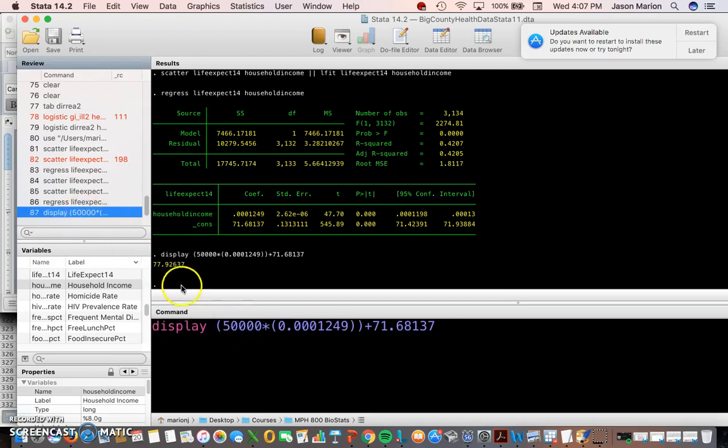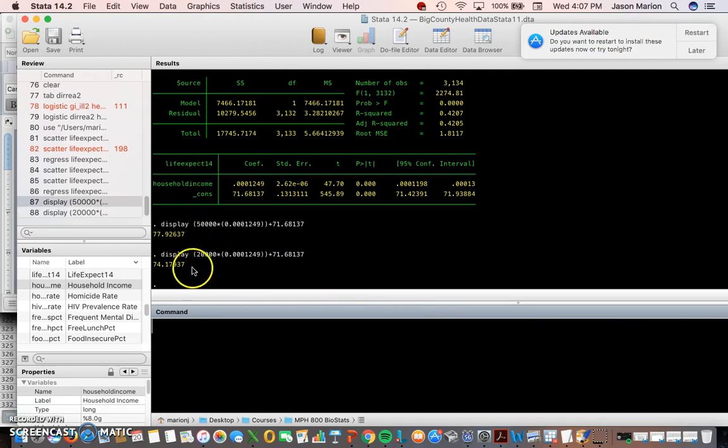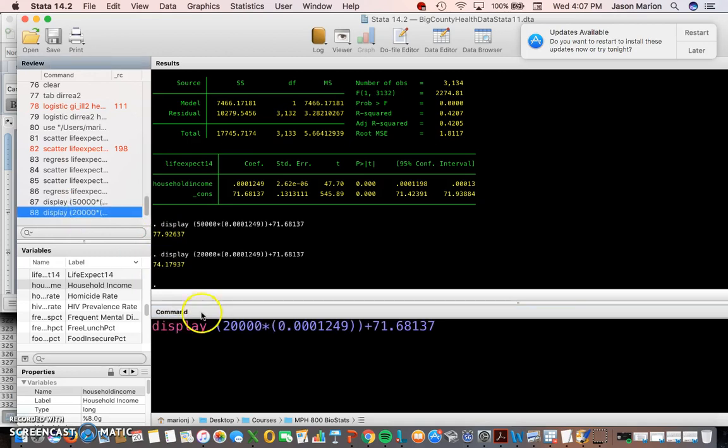I can click on this and get the same command again, and change it to a community that makes $20,000 for their median household income for their county. So I've just switched the household income, and by losing that $30,000, they lose about 3.8 years of life expectancy.